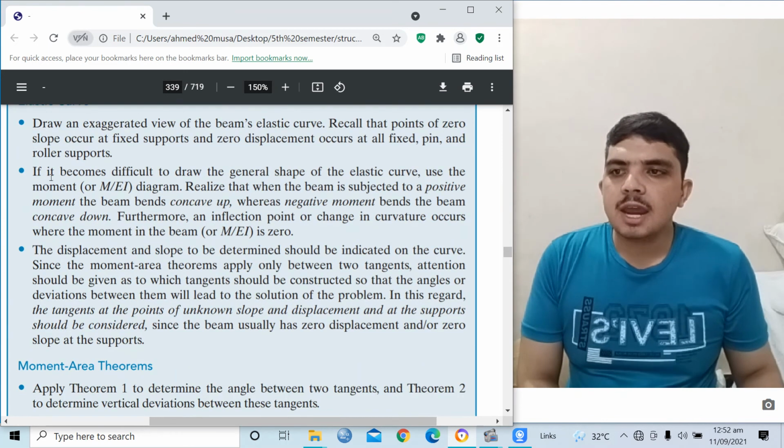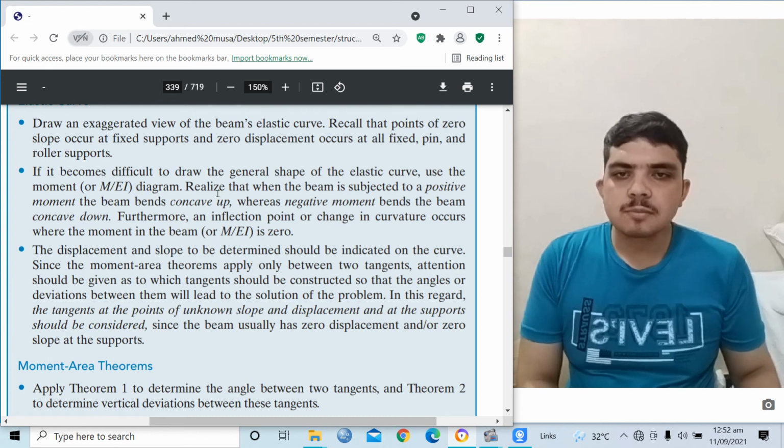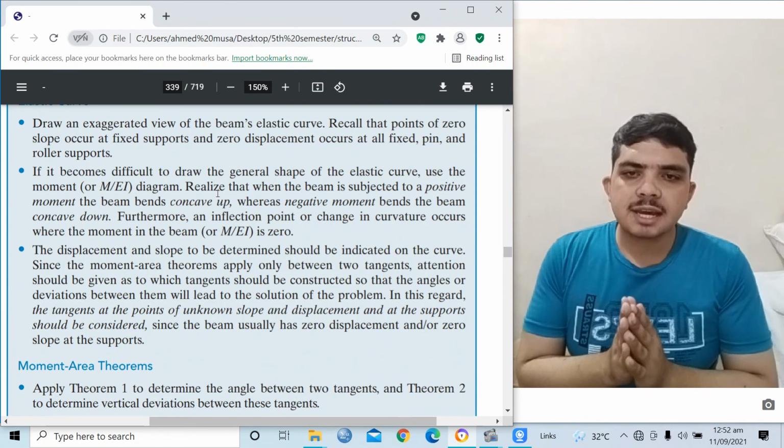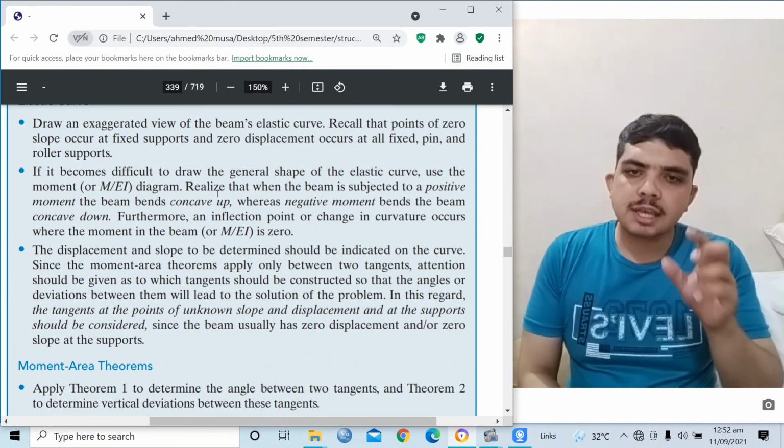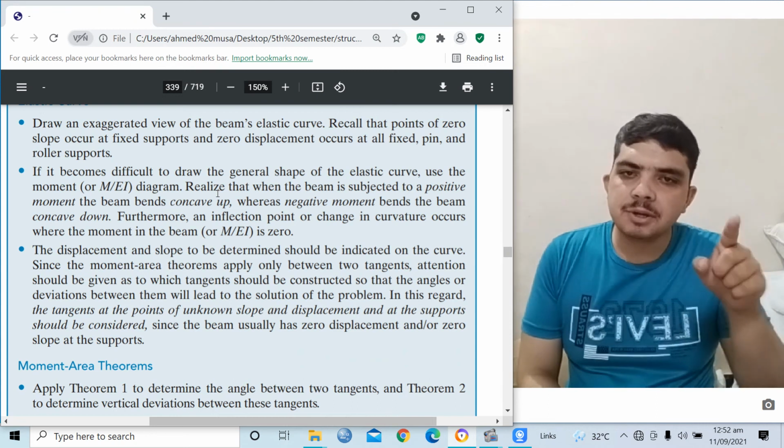It becomes difficult to draw a general shape of the elastic curve, so use the M by EI diagram. Realize that when the beam is subjected to a positive moment, the beam curves concave up, whereas negative moment bends the beam concave down. If the bending moment diagram is positive, the exaggerated curve will be downward.